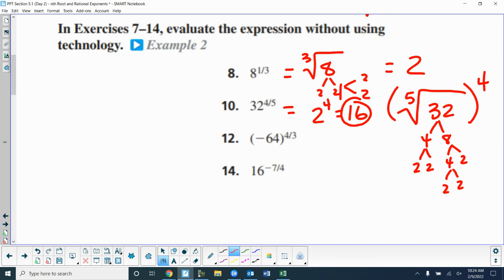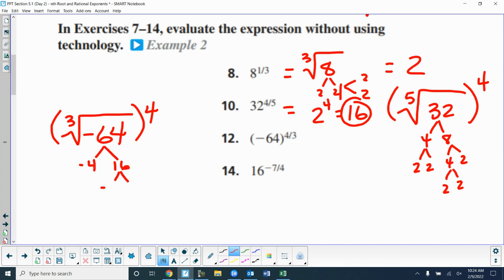All right. This one is the cube root of negative 64. Remember, the denominator is the root. The numerator is the exponent. Can I do that? Cube root of a negative. Yeah, odd, negative's okay, right? And that's negative 4 times 16.